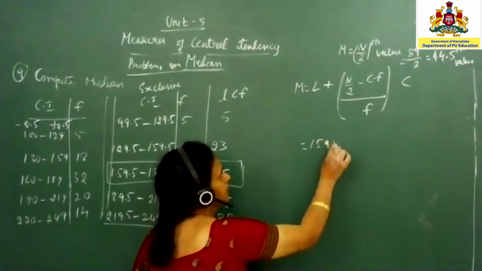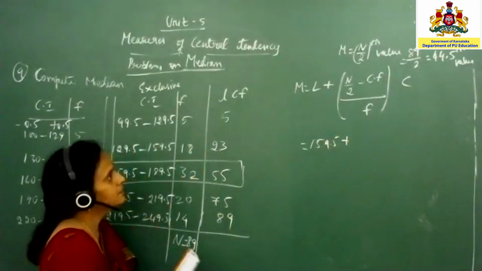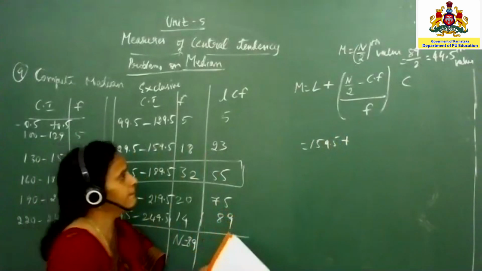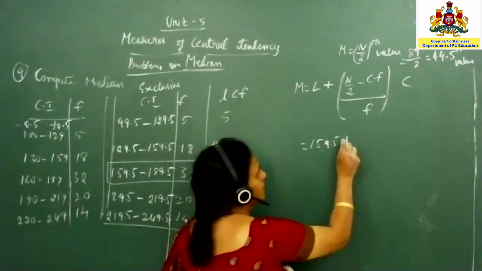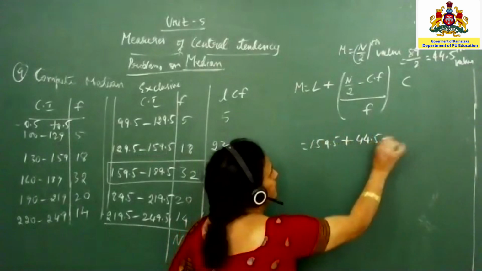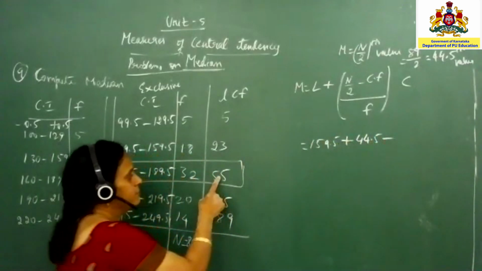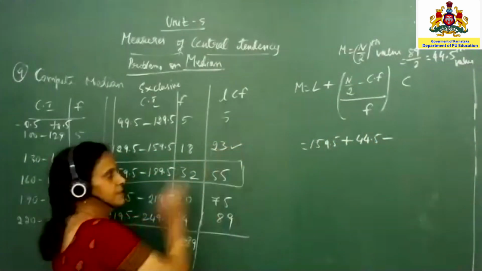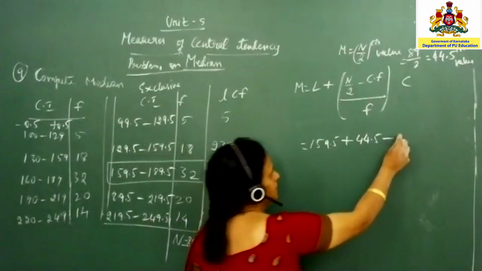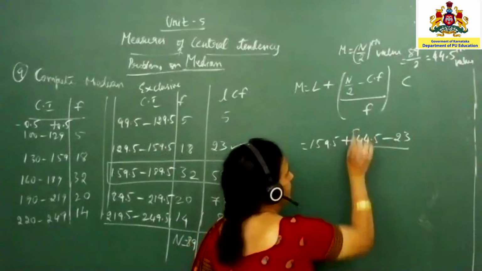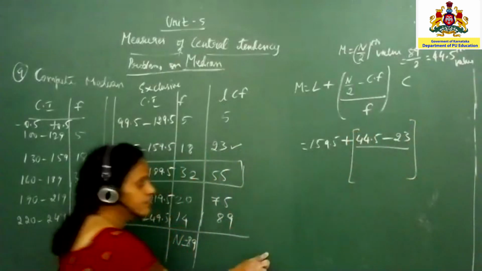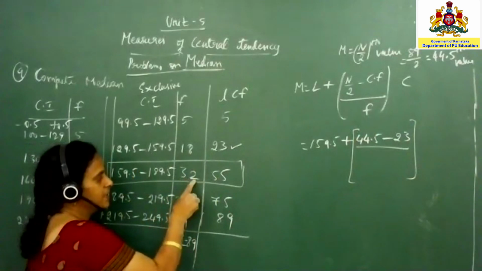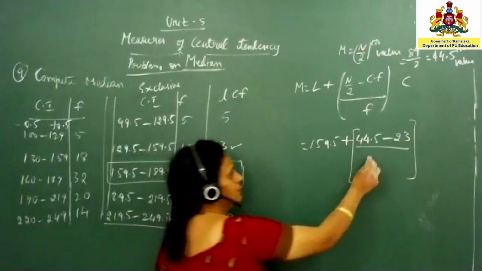Here it is 159.5 plus n by 2, which is directly 44.5, minus CF. CF means the preceding one, so preceding this median class it is 23. Divided by F, the median class frequency, which is 32.